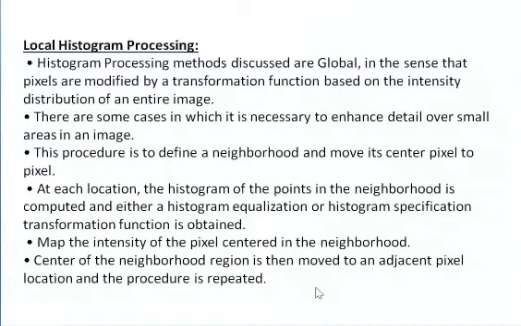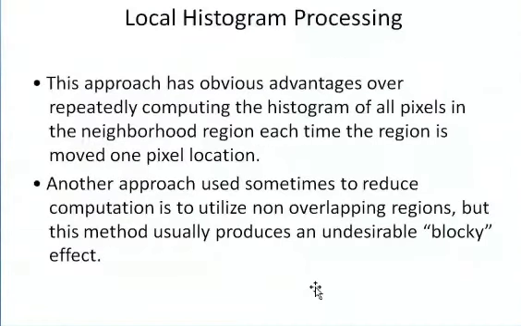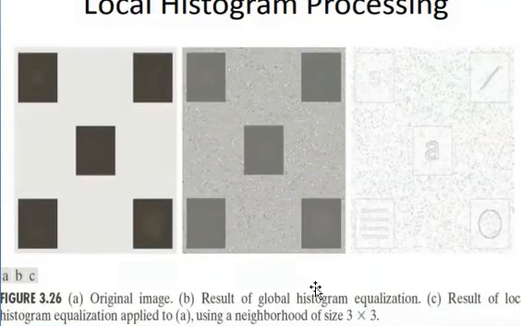This approach has obvious advantages over repeatedly computing the histogram of all pixels in the neighborhood region each time the region is moved one pixel location. Another approach used sometimes to reduce the computations is to utilize non-overlapping regions, but this method usually produces an undesirable blocky effect. See this example and we will understand it.